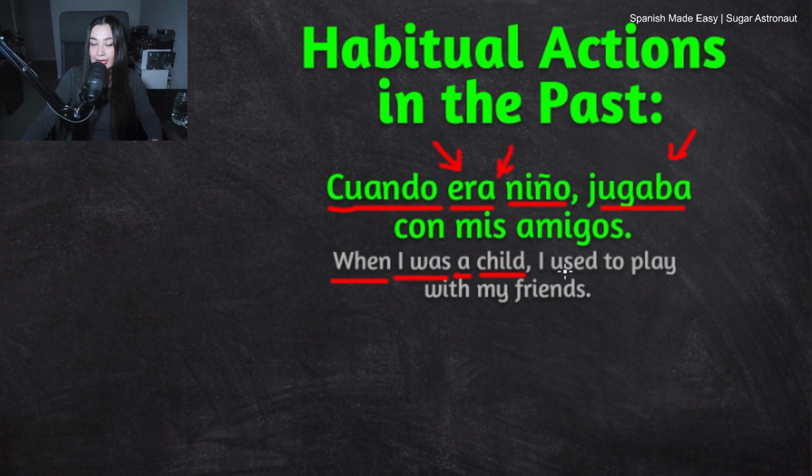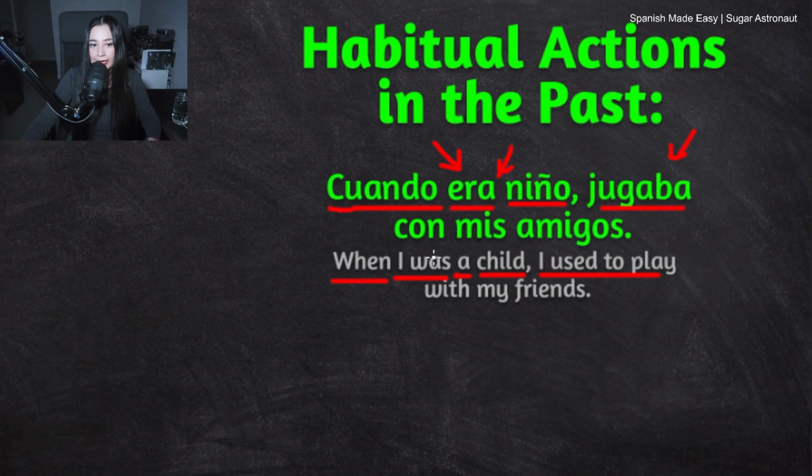Jugaba is el imperfecto, a verb conjugated in the imperfect form, or tense rather. So when you say jugaba, it means I used to play. So it's similar to saying that you're talking about habits, things you used to do in this situation when this person was a little boy or just a child.